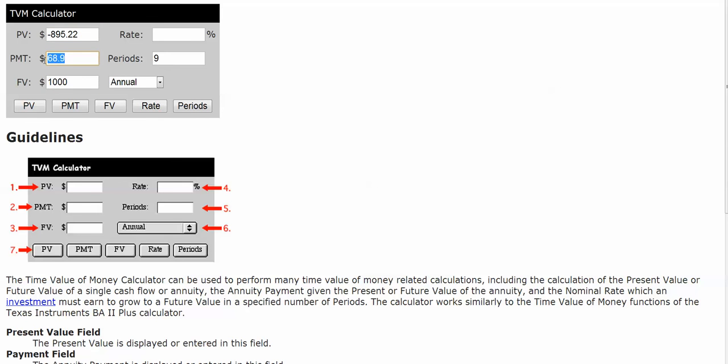I think a lot of people mistakenly think the payment should be a negative number because it's a payment, and they just view the word payment as meaning an outflow. But that's not what payment really means. It means an annuity. It's a payment that could be coming to you or being taken from you. In this case, it's coming to you, so I'm making it positive.